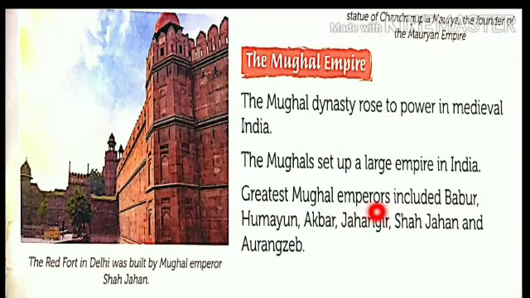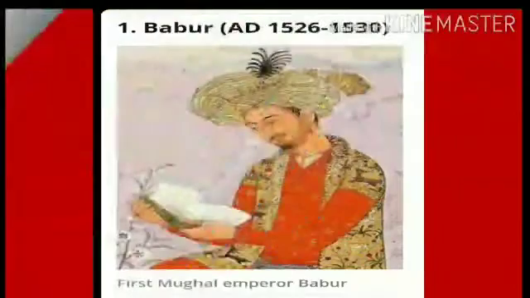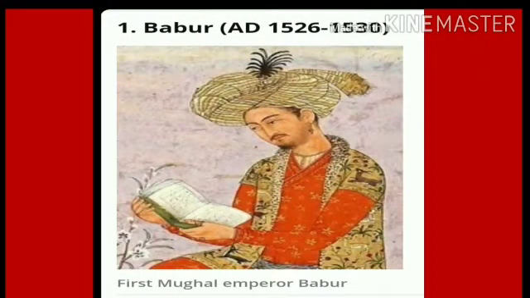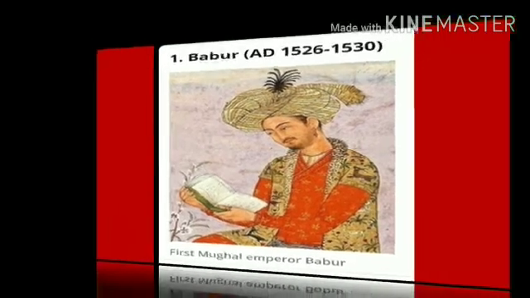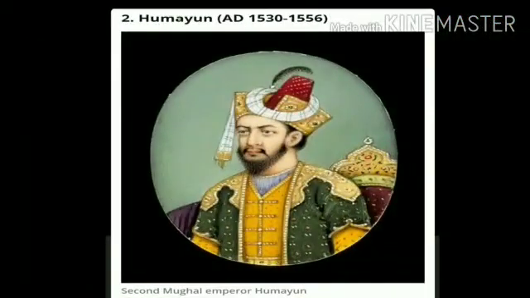Greatest Mughal emperors included Babur, Humayun, Akbar, Jahangir, Shah Jahan and Aurangzeb. Babur was the first Mughal emperor. Then Humayun was the second Mughal emperor.